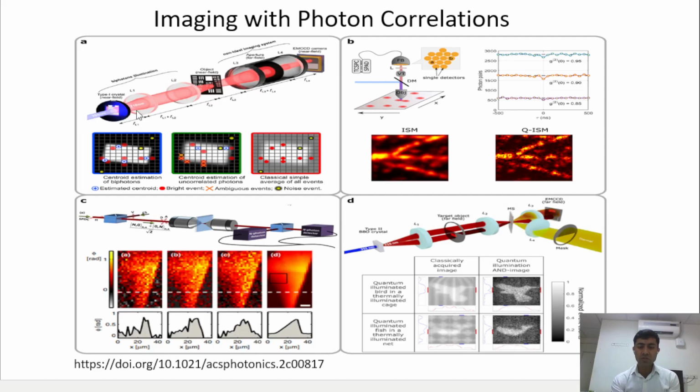So figure A shows one such approach where an object is illuminated by spatially correlated light and imaged onto an EMCCD camera. By comparing the frames with these correlation functions, we can get the estimated results.